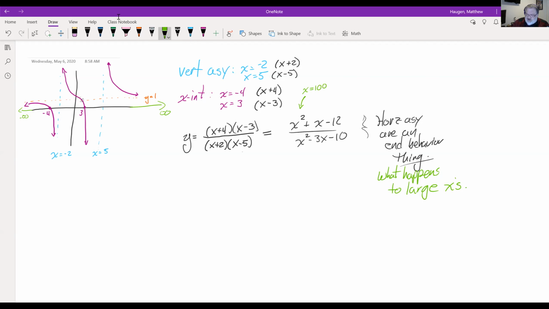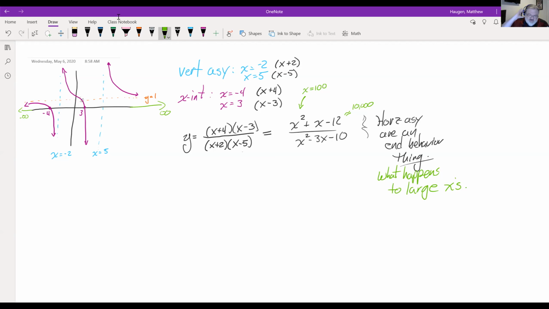So this x squared here is going to be 10,000. So what's 10,000 plus 100 minus 12? It's still about 10,000, right? 1,088. Which is about 10,000, right?